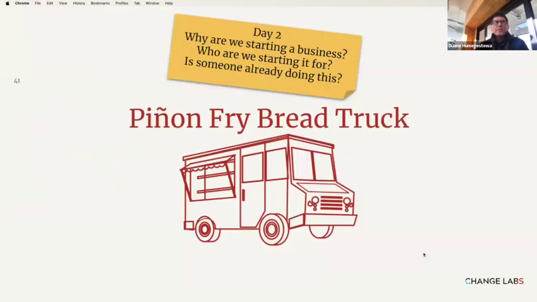And we've been using this concept of the pinion fry bread truck. It's been really fun to see the evolution of it in terms of taking a concept or a business idea and utilizing an idea like this, which we generically call a pinion fry bread truck.